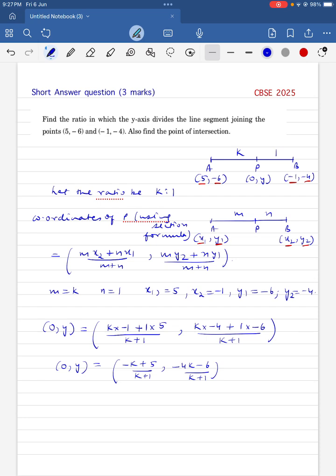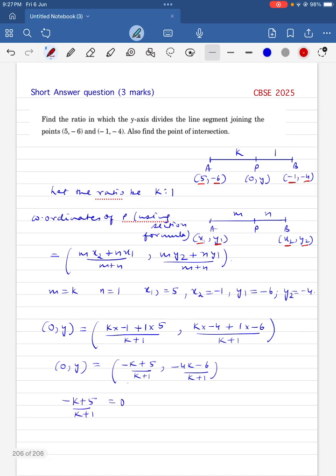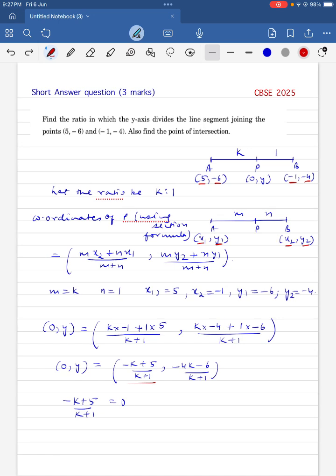So I know that (-k + 5)/(k + 1) should be equal to 0, because we know that the x coordinates have to be equal. Okay, so now if I take k + 1 to the other side, I would have -k + 5 is equal to 0 times (k + 1), which is 0. So -k + 5 is equal to 0, or the value of k is equal to 5.